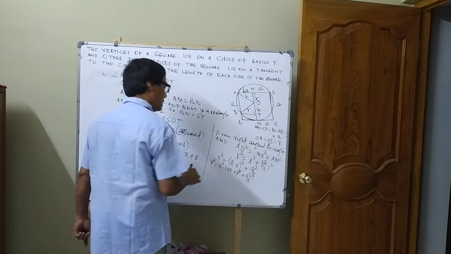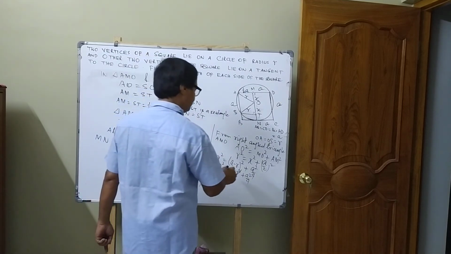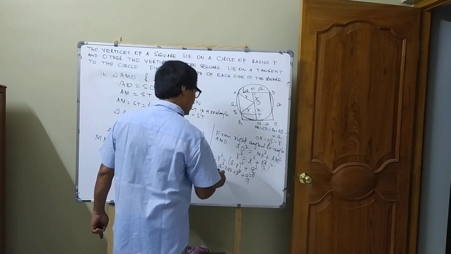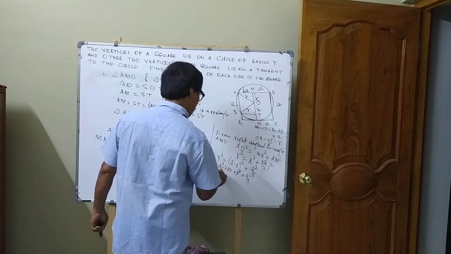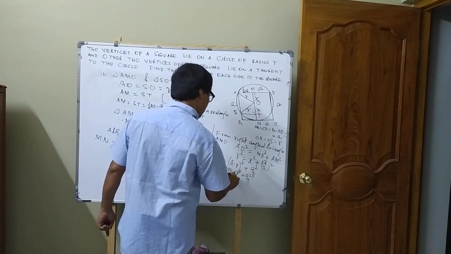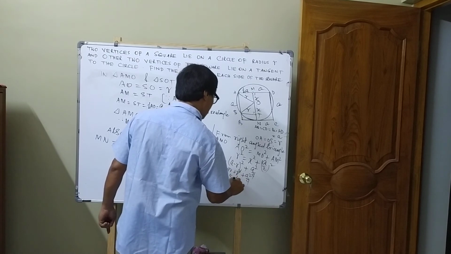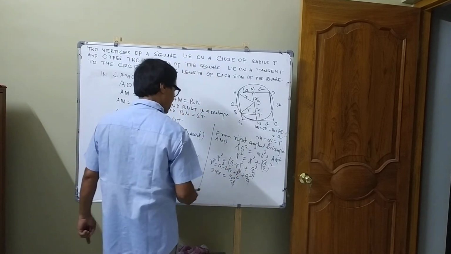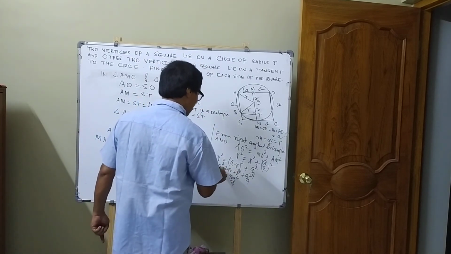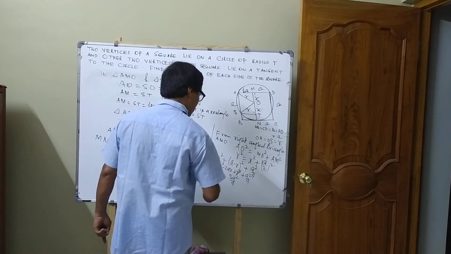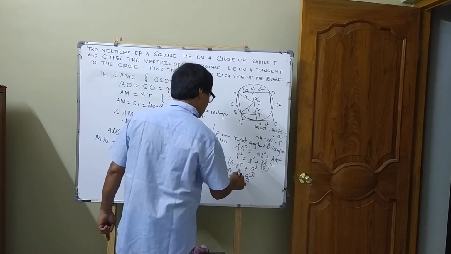R square cancels out, so 2AR equal to 5A square over 4. One A is cancelled out.